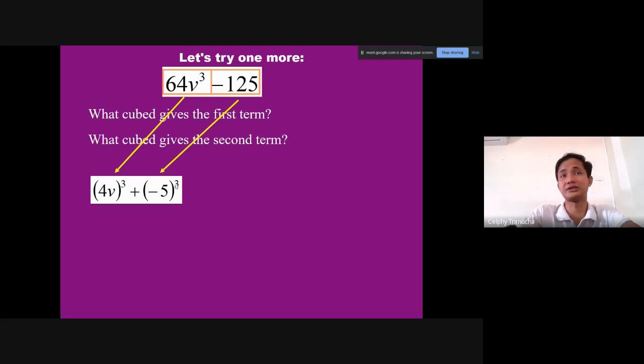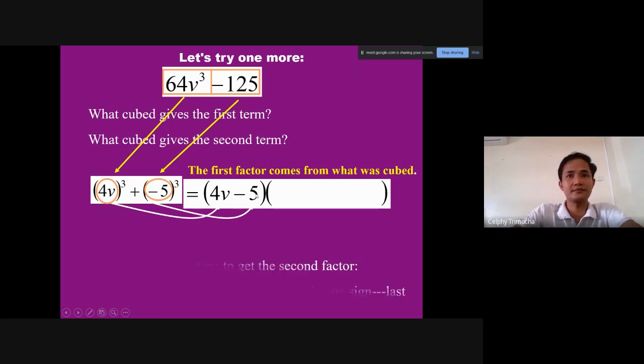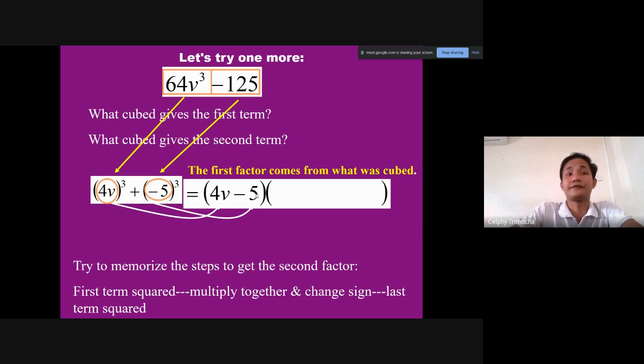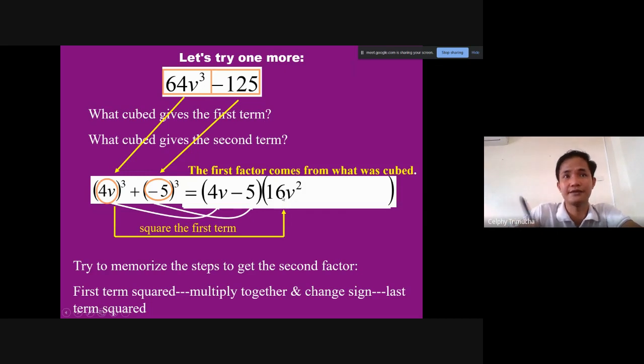So we found the factors for the first and second terms. What we will do is the same as what we did earlier. Copy the first terms: 4v minus 5. Next, square the first term. 4v squared gives 16v squared.